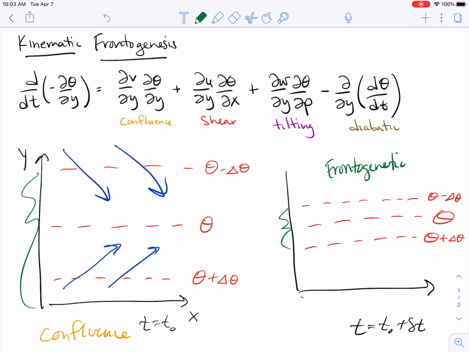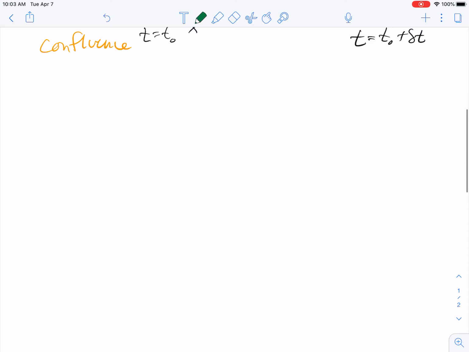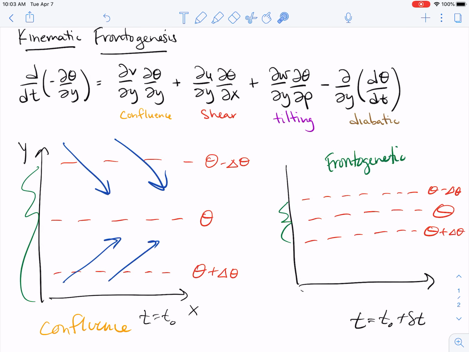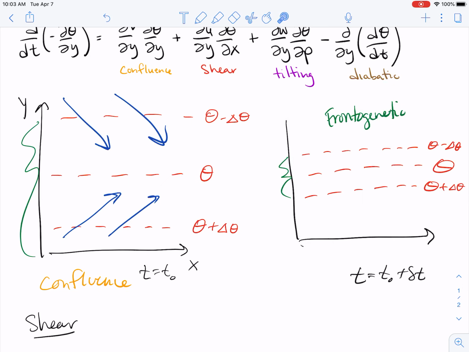Let's think about shear. Our shear term is the term where we have du dy times d theta dx. And so thinking about our gradient in theta here, what is our gradient in the x direction?